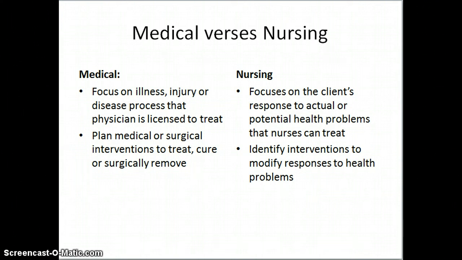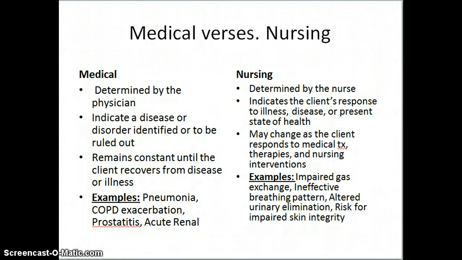So as we move along, we see the medical diagnosis is determined by the doctor or physician. It's disease related. Things like pneumonia, psoriasis, prostatitis, acute renal failure would be a medical diagnosis. Nursing is determined by a nurse, and it's their response to that illness, disease, or state of health that they're presently in.